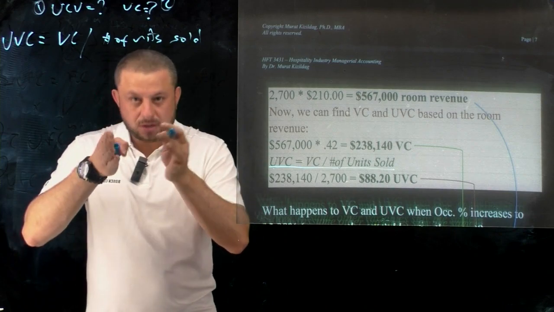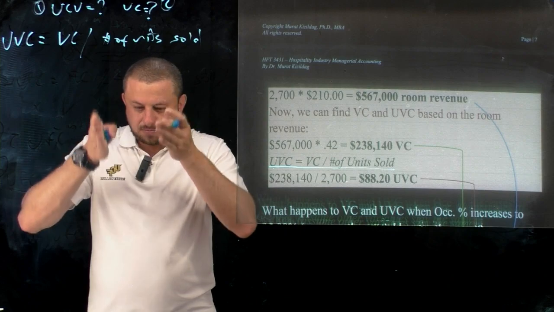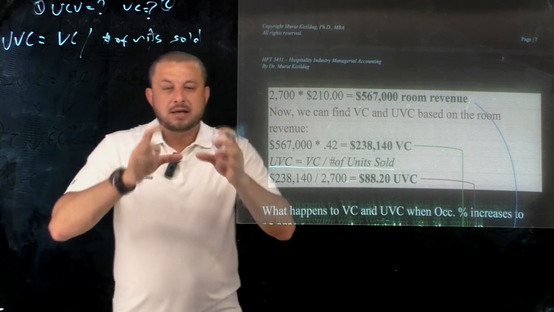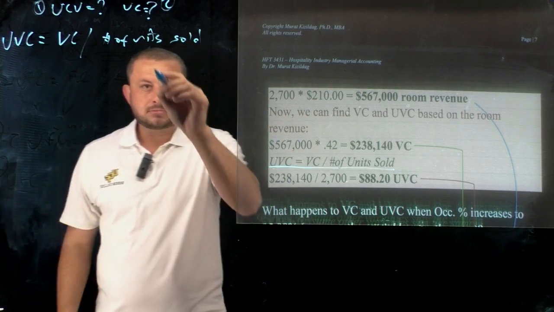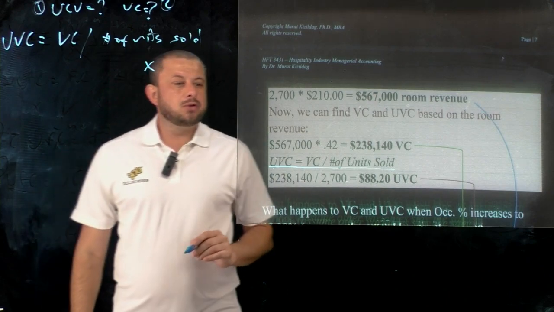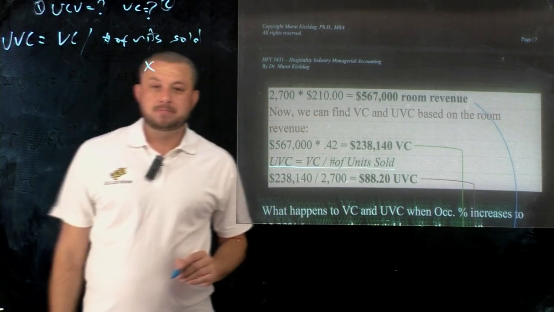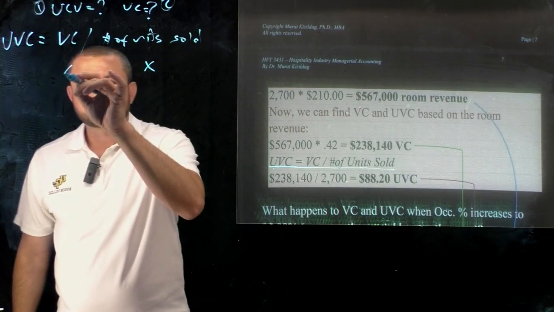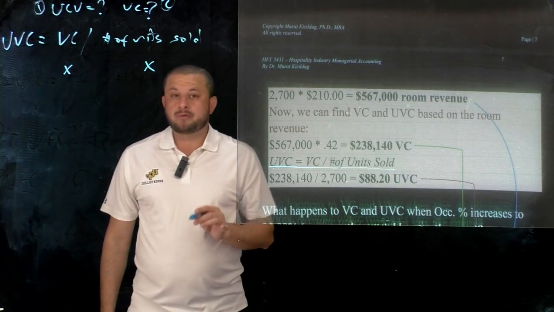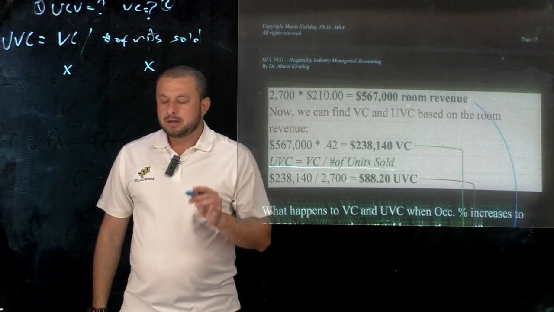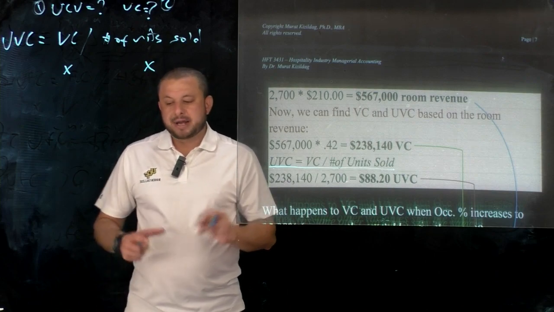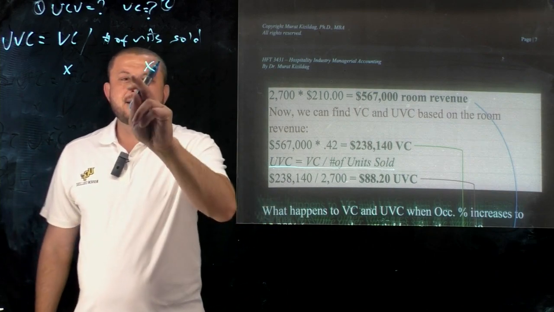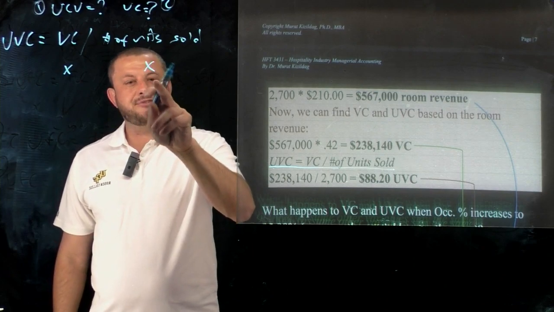Directly, like let's say the amount of rooms that we sold. Does it say in the question? No. Do I have VC given in the question directly? No. If the answers are no for the third step, you can immediately raise an additional question: can I find number of units sold? Can I find it?